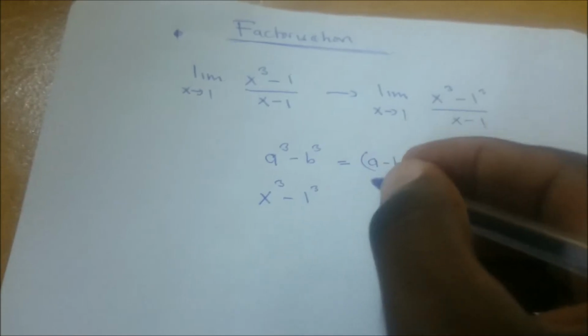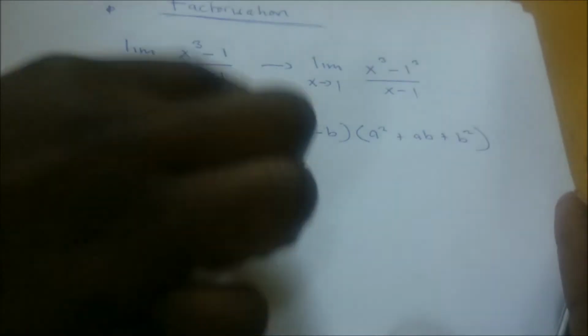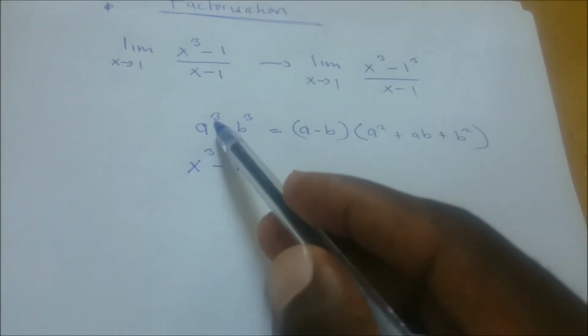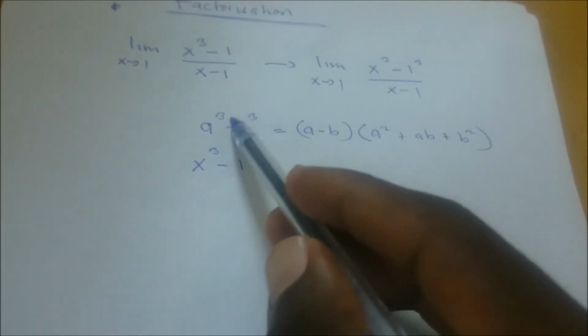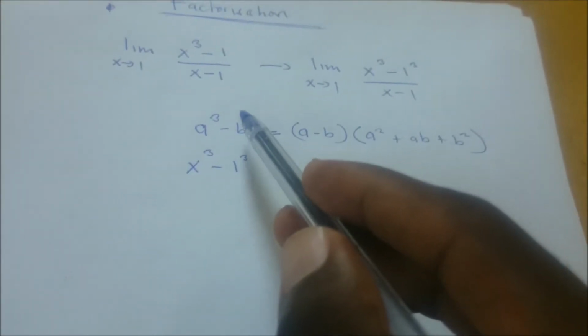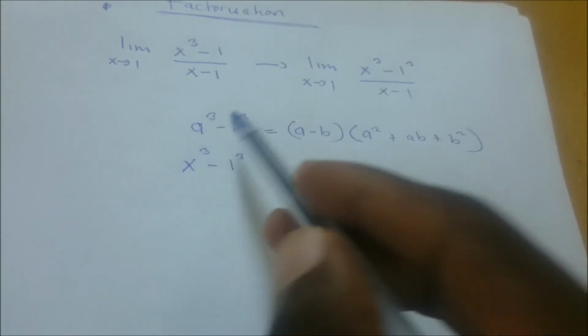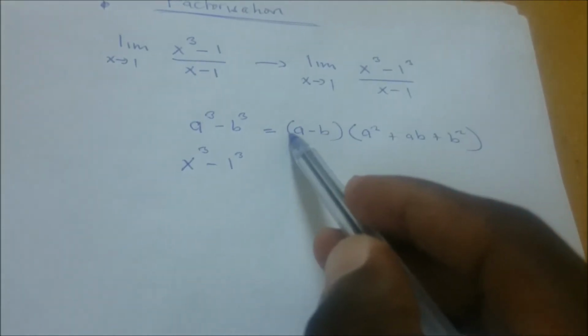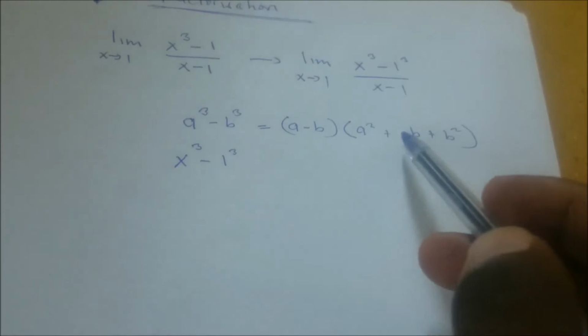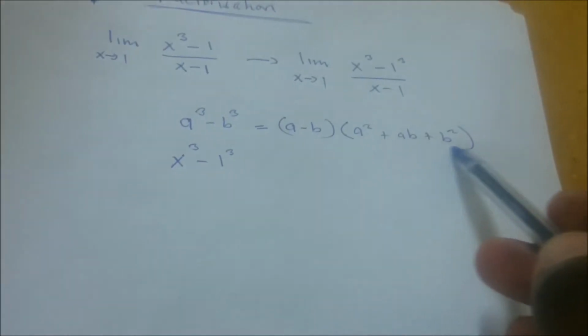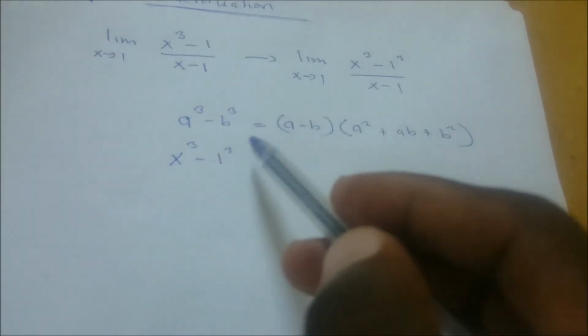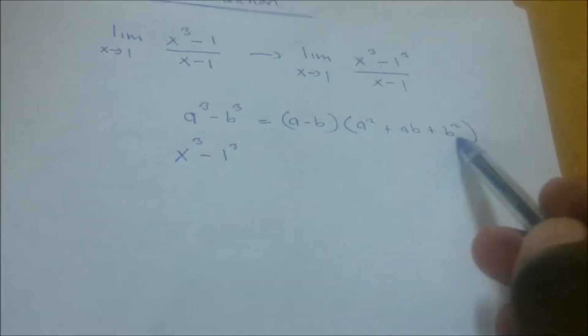So this is how we are going to factorize this. In this case, our x cubed minus 1 cubed. I've just given you an expression that we can use to factorize the difference of 2 cubes. So that's how it's supposed to be factorized. Now I'm factorizing using this.